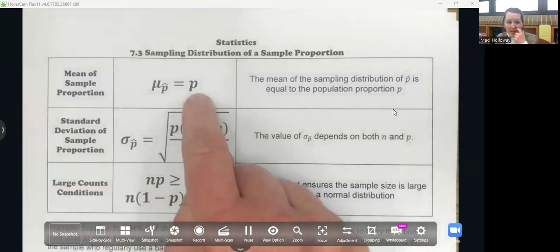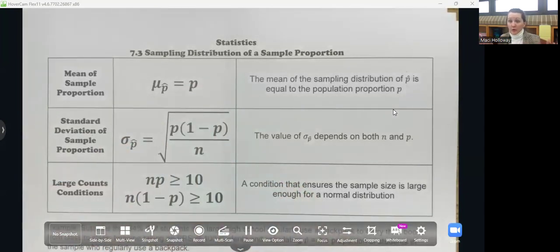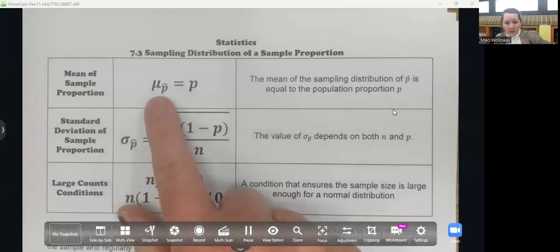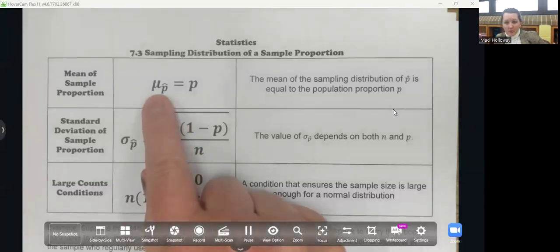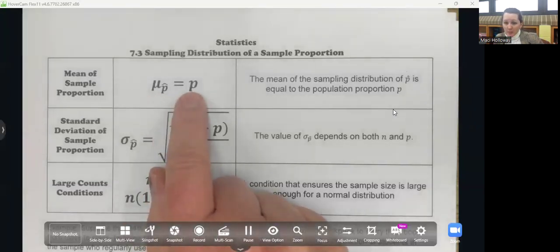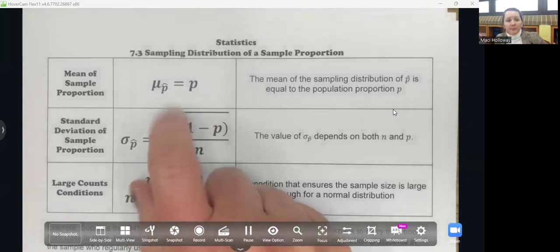So when we said that there's about 10% of orange beads in the bin, then my samples should be very close to matching that population proportion as I draw those samples out. So notice that the mean of our sampling distribution is equal to the population proportion, right?